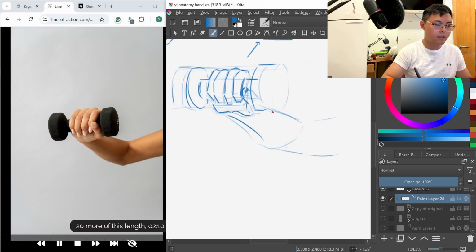Something like that. But I want the hands to be thinner, skinnier.